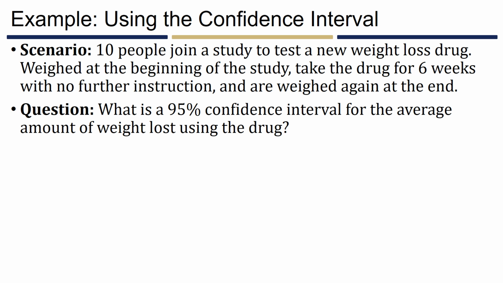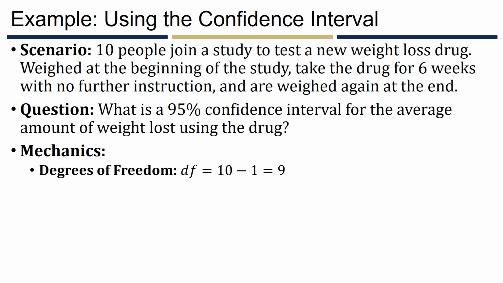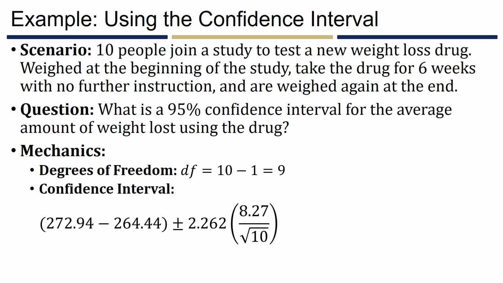So going ahead and finding this 95% confidence interval, we know that we have 9 degrees of freedom. The way that we're going to set up our confidence interval is by taking the difference between our before and after means. 272.94 was our before mean, 264.44 was our after mean.